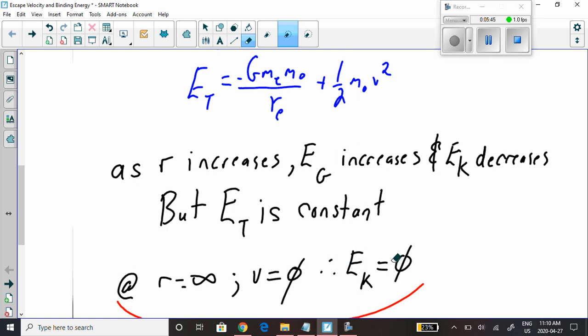So think of shooting an object off the surface of the Earth. It fires away, leaves the surface of the Earth. As it's gaining altitude, it slows and slows. Kinetic energy keeps on decreasing. Eventually, it's going to slow so much that its kinetic energy is zero, its velocity is zero. Where do we say that happens mathematically? Well, we say that happens at r equals infinity, wherever that may be. Remember, these are all mathematical constructs.